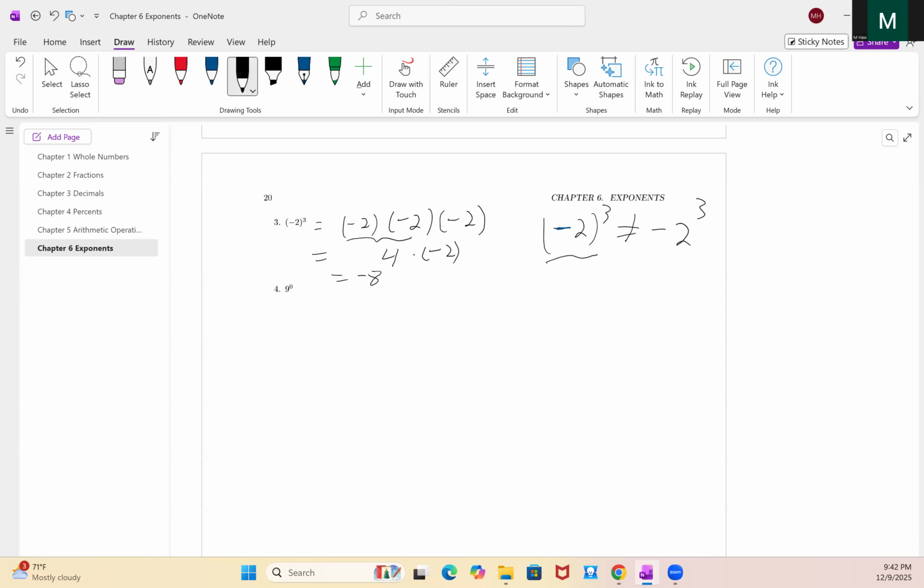So negative 2 in parentheses to the power of 3 is negative 2 times negative 2 times negative 2, whereas the other value is negative 2 times 2 times 2. The negative is the same as negative 1 times 2 times 2 times 2. The result for this is negative 8, and the result for the other is also negative 8. They just happen to be the same.